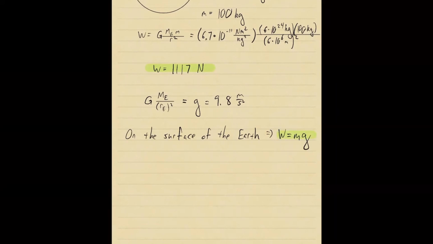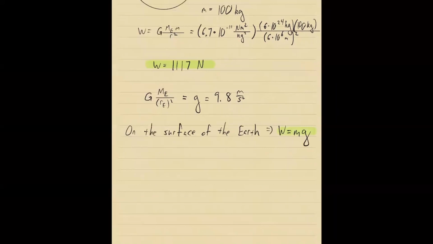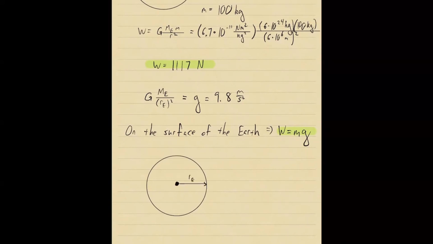Now in part B, it's the same situation, but now we're a little bit further away. Here, as an example, is the radius of the Earth, and apparently we're an extra 600 kilometers away.